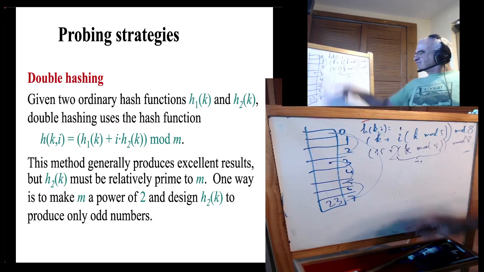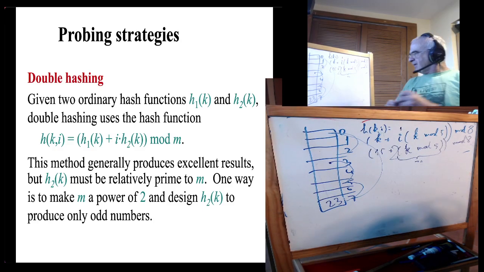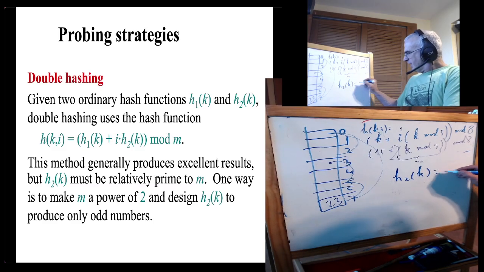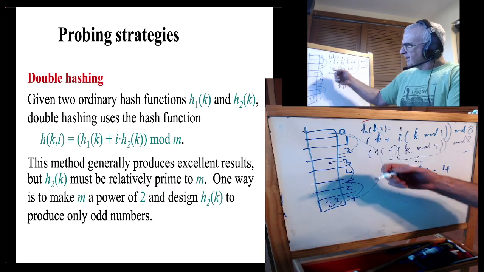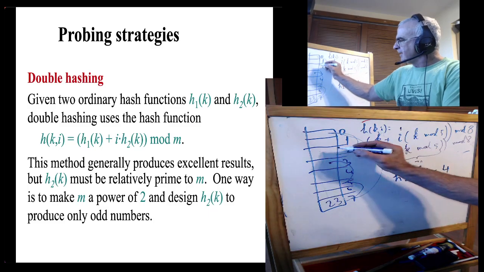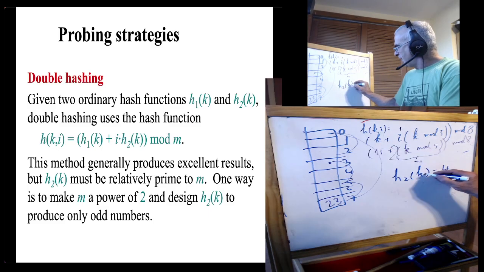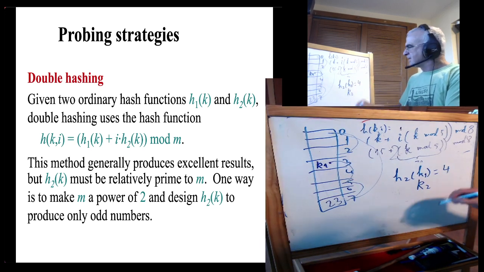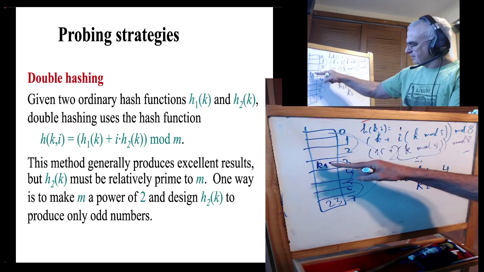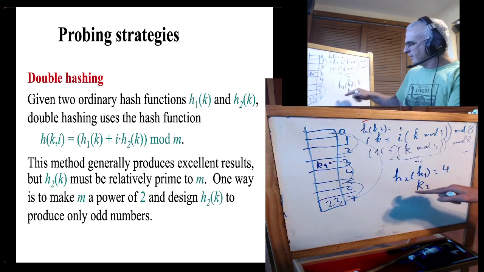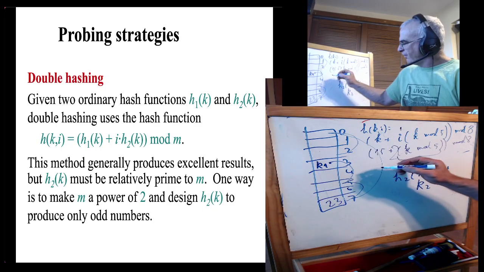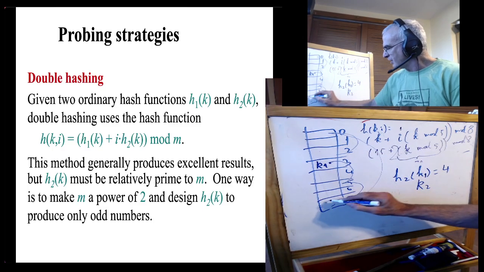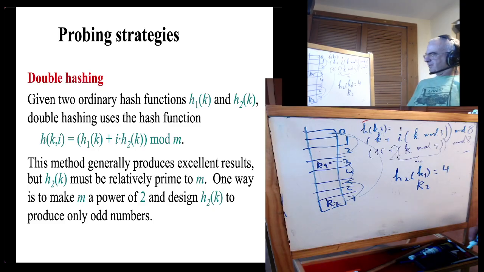If the table is of size 8 but h2 of k happens to be 4, then let's say I'm inserting k1 right here. Let's take k2, some key that collides with k1. What do I do? I move 4 steps downward. So my next key, k2, will be right here.